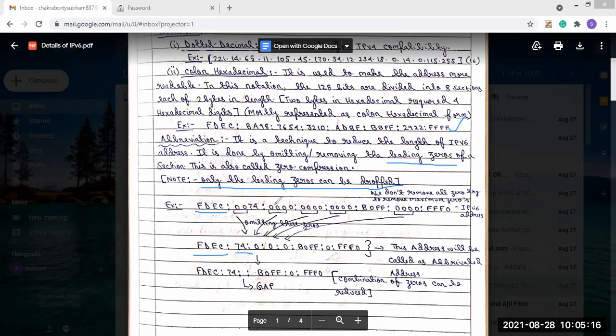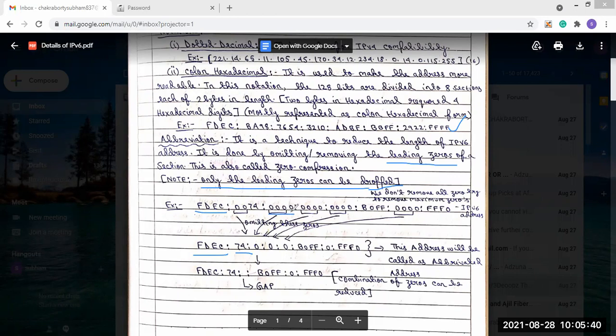Now, in case of these 4 zeros, what will happen? You can say that we will remove all the zeros, but it is not possible. If we remove all the zeros, then the address will be changed. So what we have to do is reduce the maximum zeros. How many zeros can we remove at maximum from here?